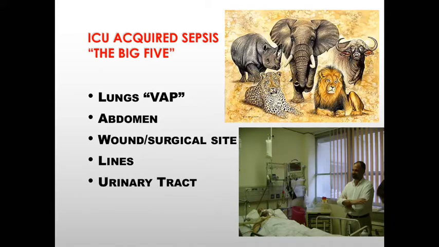Some conditions can arise de novo in an ICU patient that involve sepsis in the abdomen. A wound, a surgical site, the central venous lines, and the urinary tract. And although the urinary tract is very commonly colonized and infected, it quite rarely leads to sepsis per se.